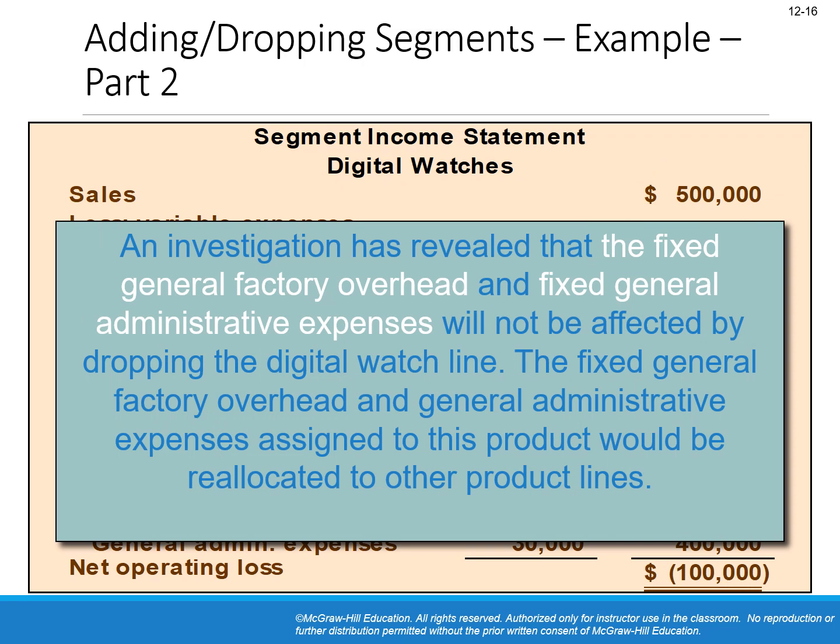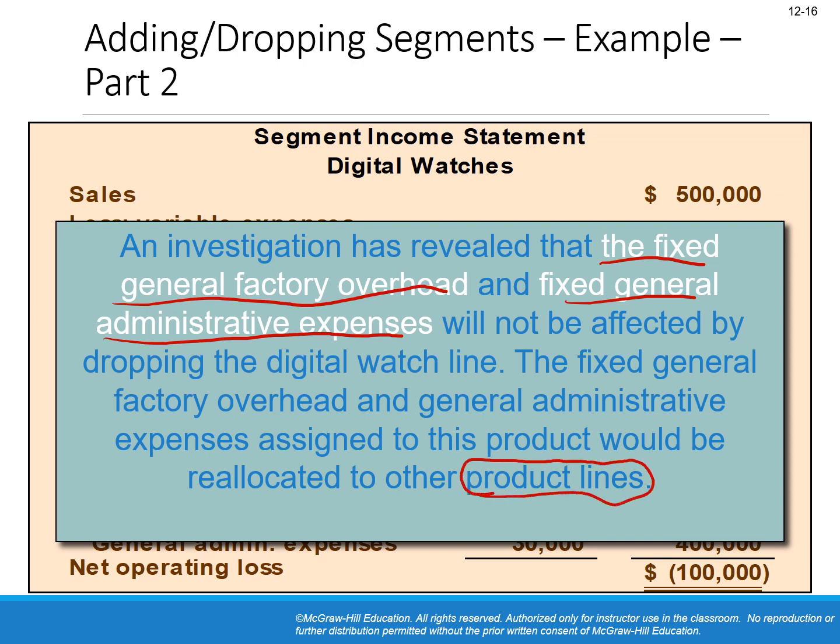The given says that an investigation has revealed that fixed general factory overhead and fixed general admin expenses will not be affected by dropping the digital watch line. The fixed general factory overhead and general admin expenses will be assigned to other product lines when you drop this line.